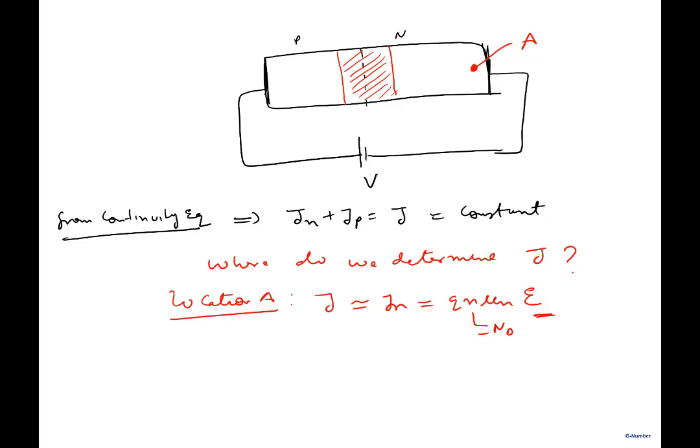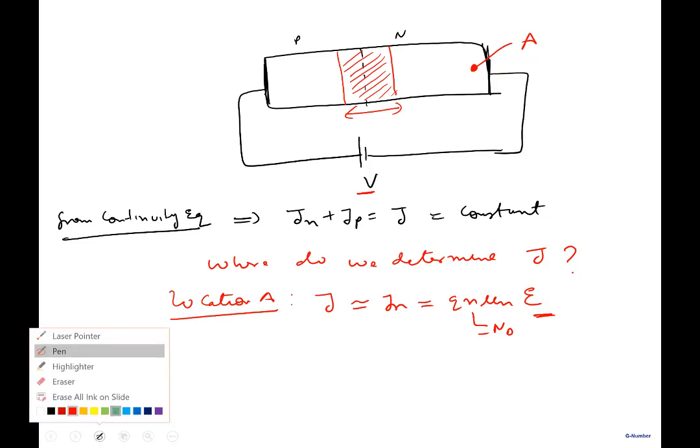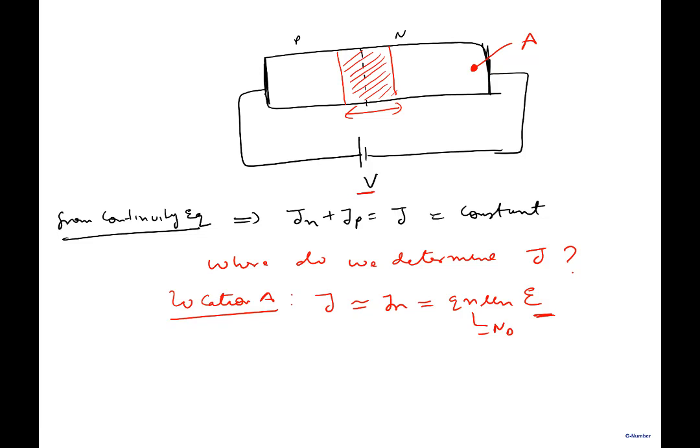It's very hard to determine the voltage drop around A, because most of the voltage goes across the depletion region. Very, very small, we'll see, appears across the neutral region. So even though we have one single component, the determination of the field at that particular point is difficult.